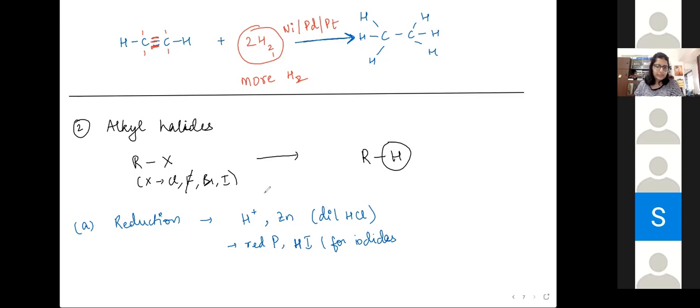So you're putting the hydrogen on the hydrocarbon to make the alkane, and then the iodine and iodine combine to form I2 gas, and that I2 gas is removed by the red phosphorus. So this is the other reagent used in this process.